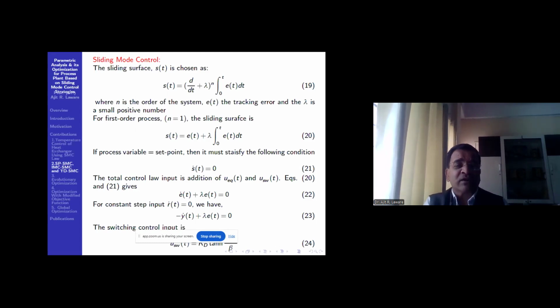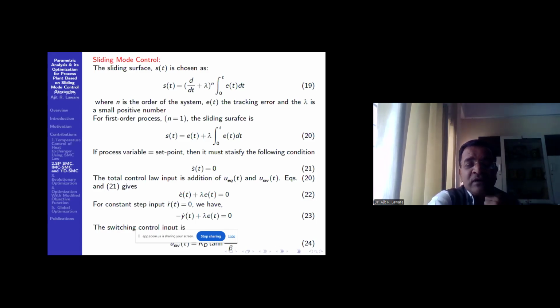So for a first order process, your sliding surface becomes s(t) equals e(t) plus lambda times the integral of your error dynamics, that is equation 20. So the total control law is obviously the addition of u switching and u equivalent, that is the equivalent control as well as the switching control input. Then equations 20 and 21 give you equation 22, e dot(t) plus lambda e(t) equals 0.